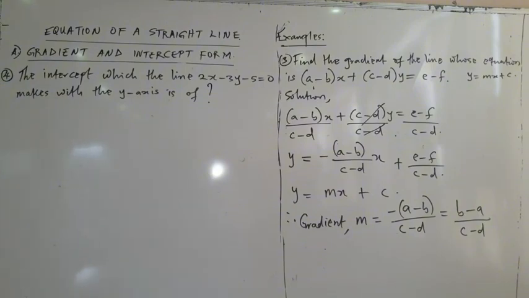So that's what we are looking for. We are looking for the intercept which the line 2x minus 3y minus 5 makes.